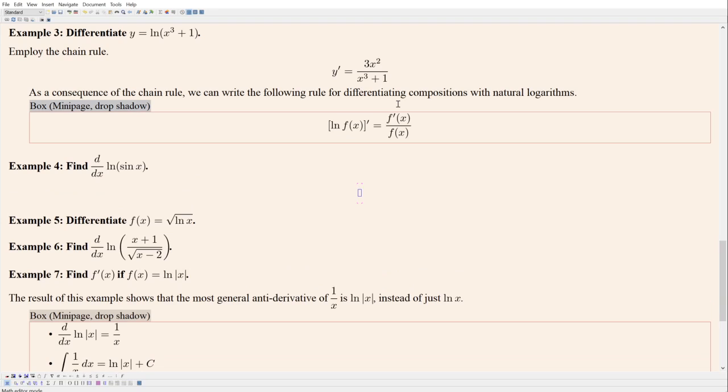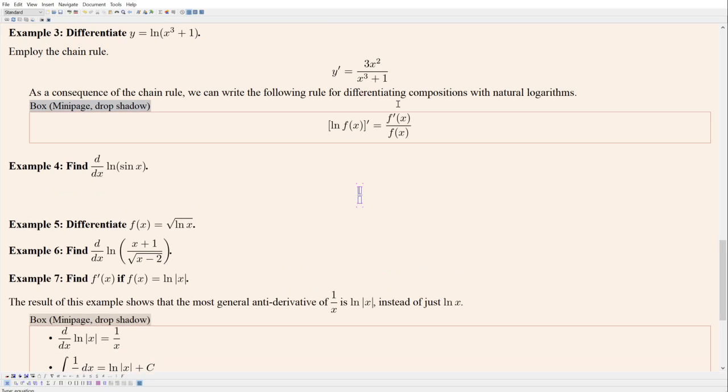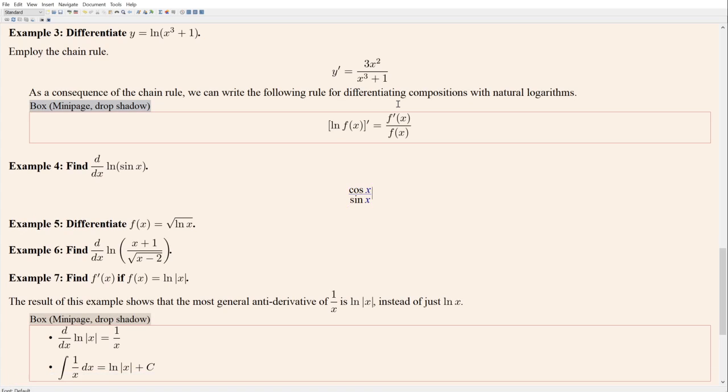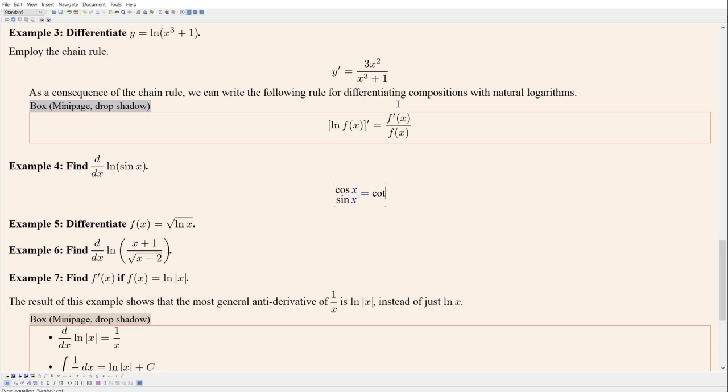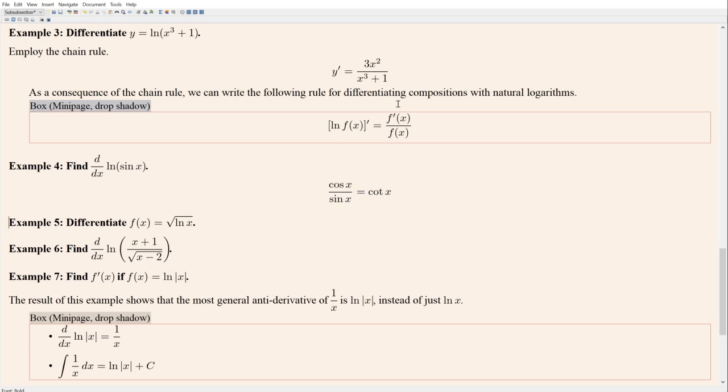Find the derivative of log sine. Well, again, it is the derivative of sine, which is cosine, over sine. Oh, and that's interesting. Cosine over sine, that's the same as cotangent. So that's neat. If you were interested, we could draw a conclusion from this, namely that the antiderivative of cotangent is log sine.